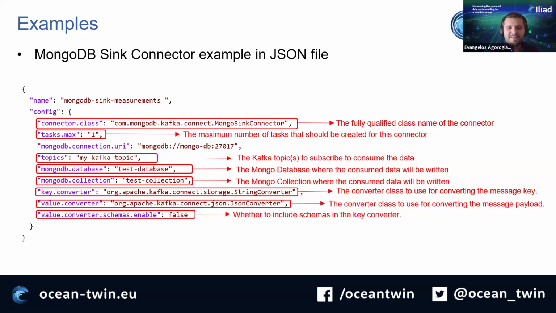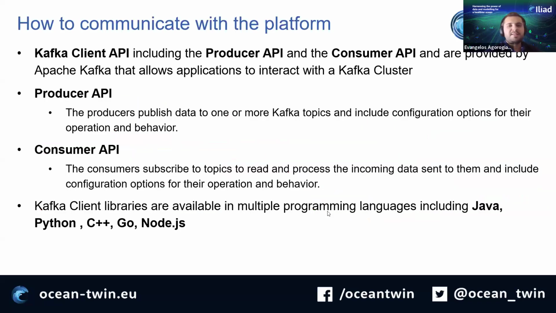Yeah, sure. So let's proceed with the next available way to communicate with the platform: the Kafka Client API, which includes the producer and the consumer APIs. Those are provided by Apache Kafka and allow direct communication with the Kafka cluster.